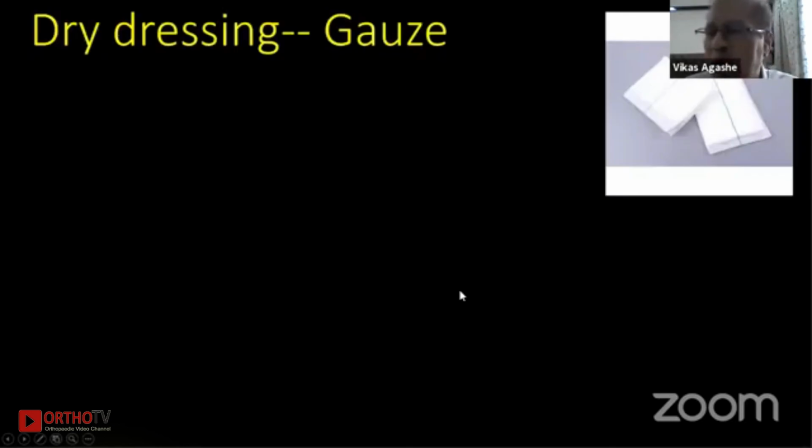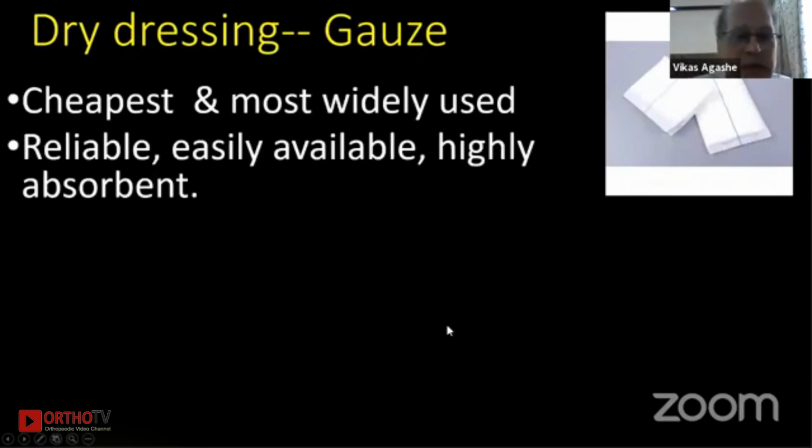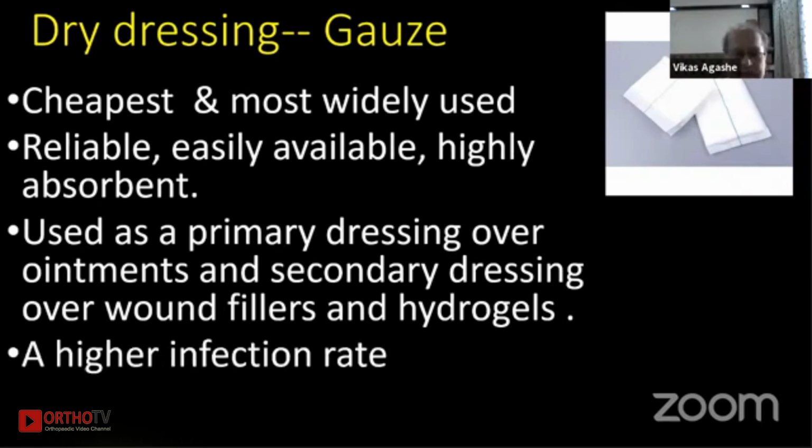So the gauze is our main workhorse. It is cheapest, very widely used, easily available, absorbs quite well, and has been used as a primary dressing, or of course, it is also used as a secondary dressing over other wound fillers or hydrogels.